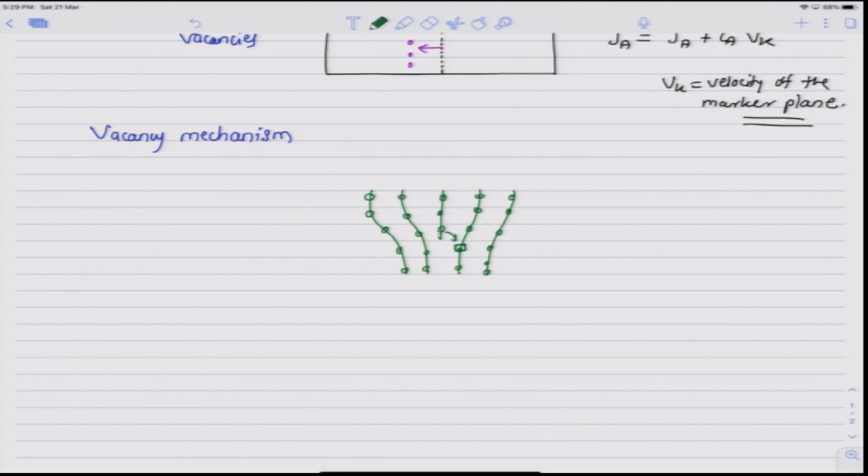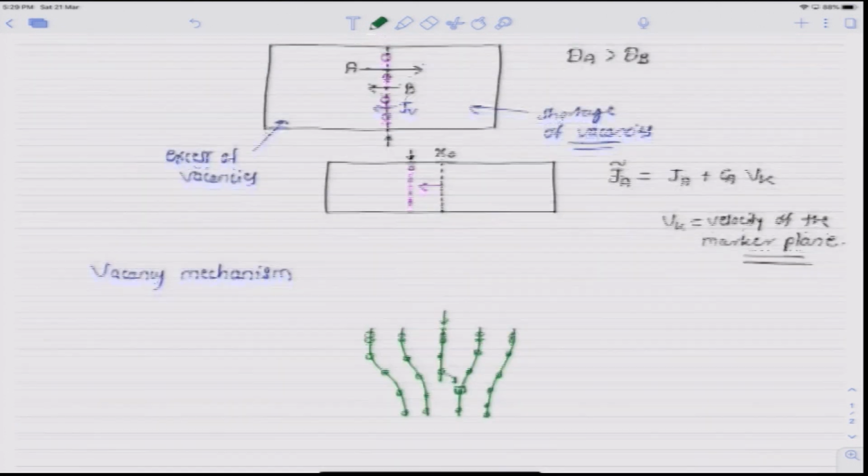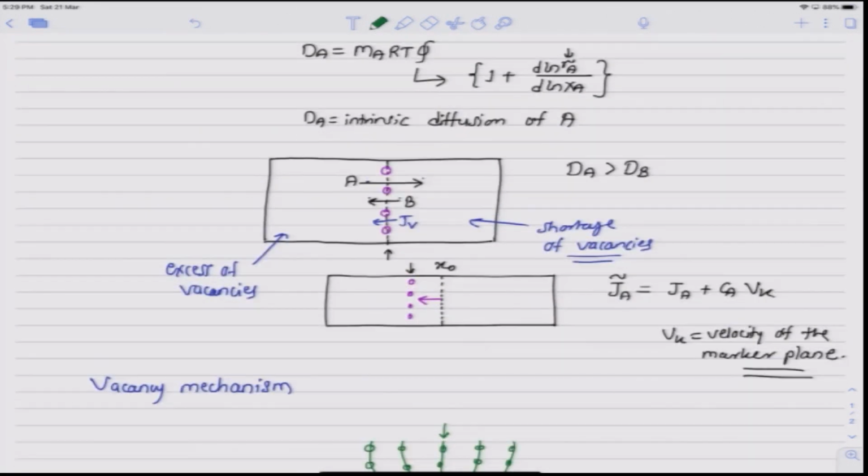This way, if more and more vacancies get annihilated at this dislocation, this entire dislocation line or this entire extra half plane will vanish. So wherever there is an excess of vacancies, that is in this case on the left side of the alloy, the extra half planes will vanish, and so this side would look like it is shrinking.